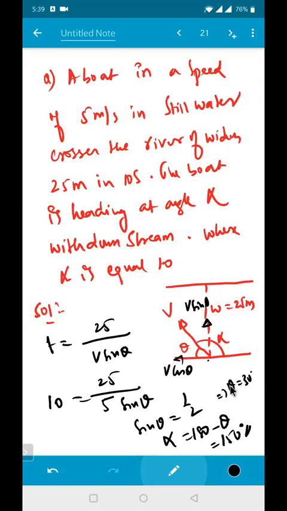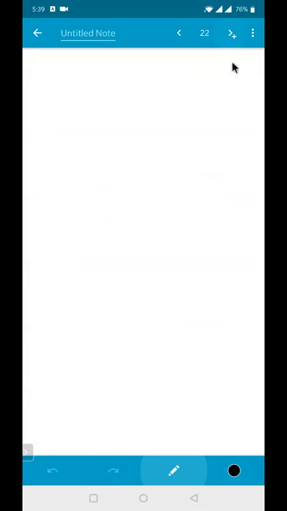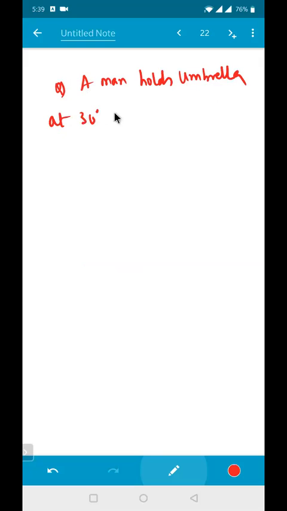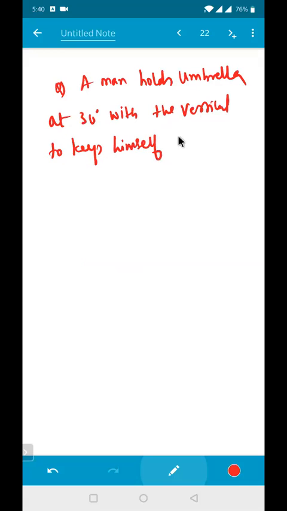I hope you can do such types of questions. Next one is, say for example, this one. A man holds an umbrella at 30 degrees with the vertical to keep himself dry.